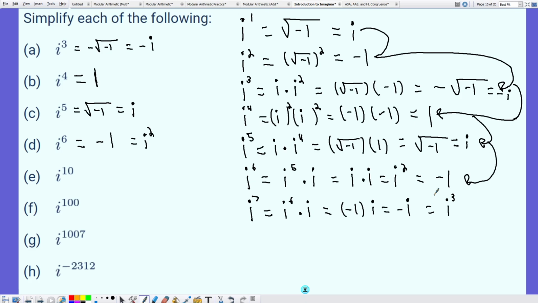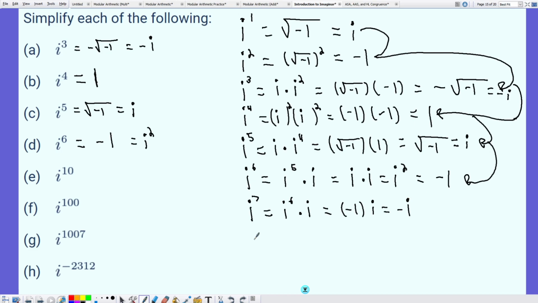So we can see the pattern is just repeating over and over again: i, negative 1, negative i, positive 1, i, negative 1, negative i.